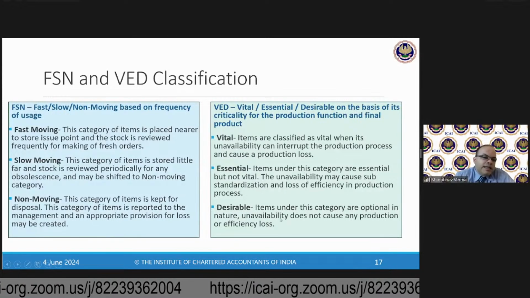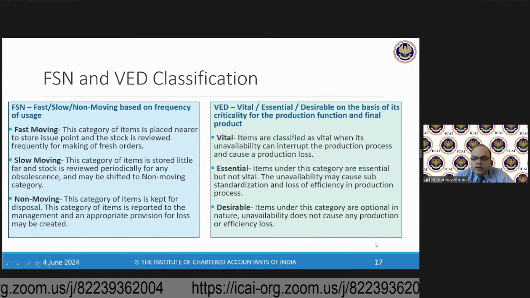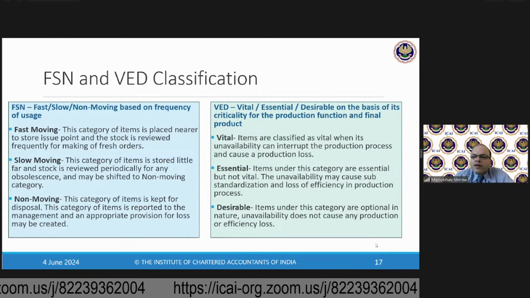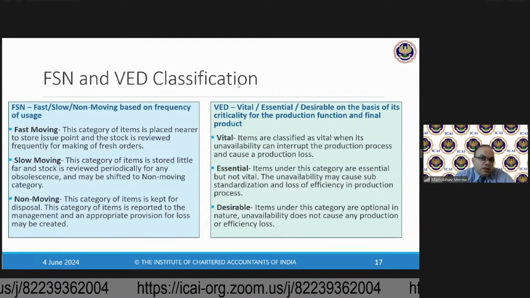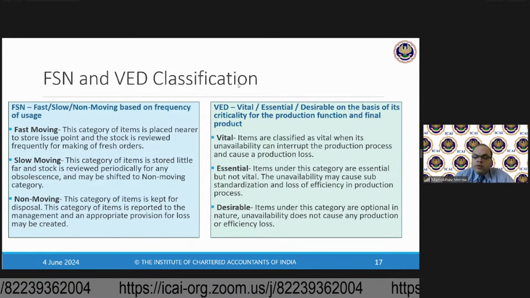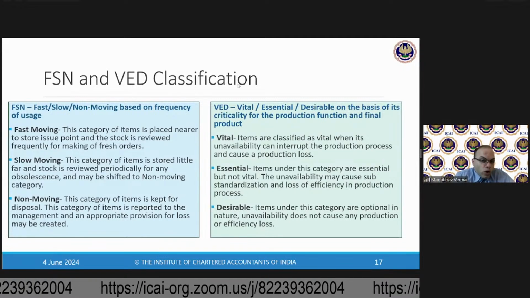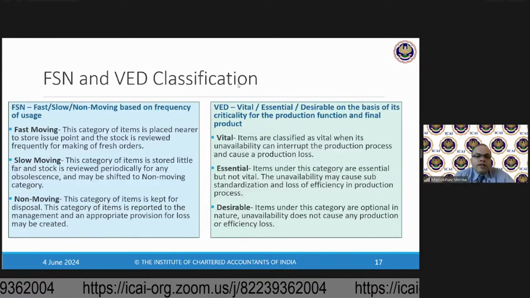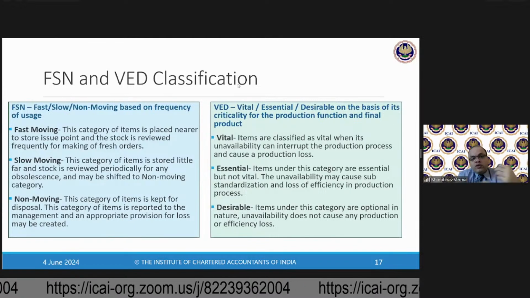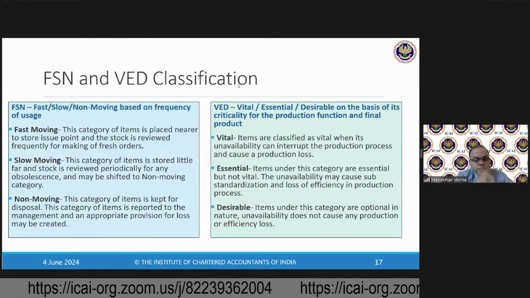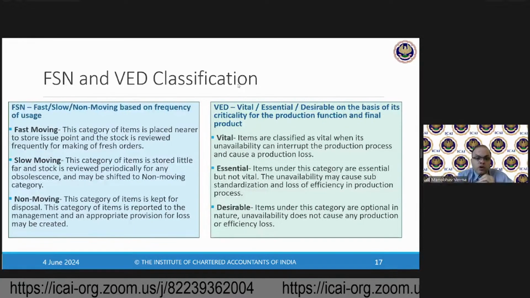But very important here is the non-moving category of inventory classification. That category could be important wherever you have a risk of obsolescence coming into the picture. When we're talking about non-moving items, we need to understand that this is something which should be reported to the management. And of course, if you feel that there could be an obsolescence, it could require a provision for loss.